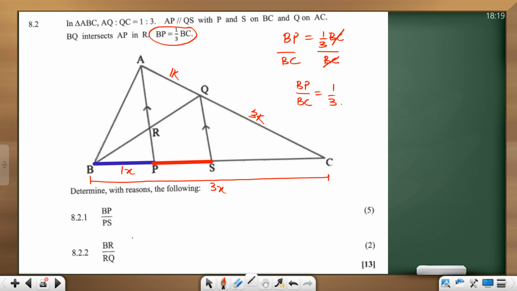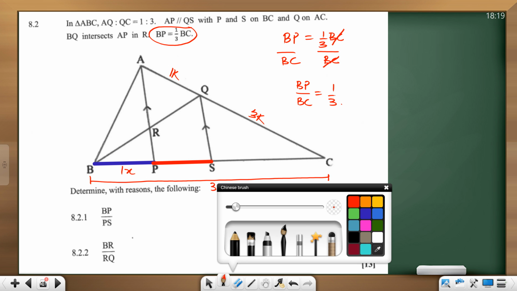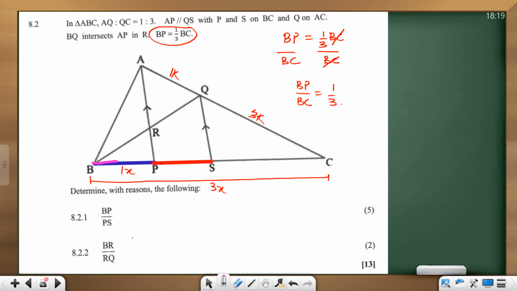Let's check. What we're looking for is triangles. I see a triangle here. Parallel lines, that's what I'm looking for. Those are the kind of things that you are aiming to get.